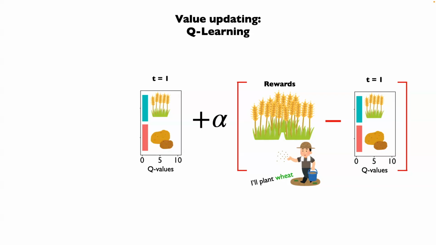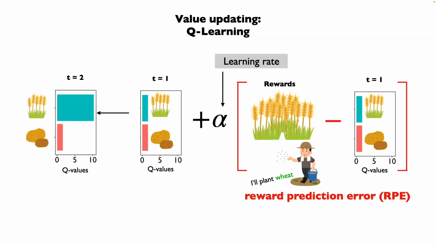This error term represents the gap between your expectation and the reality you got. This gap is then weighted by the learning rate alpha, and combined with the original belief value, generating the new belief state. Easy peasy.